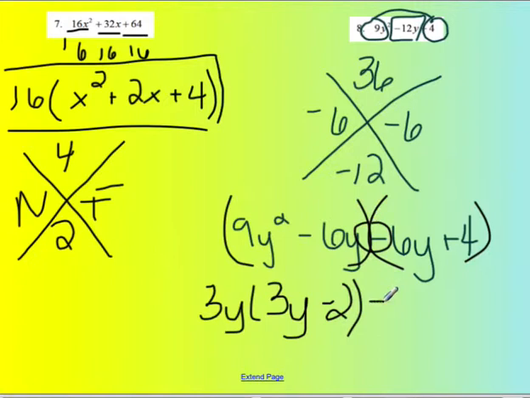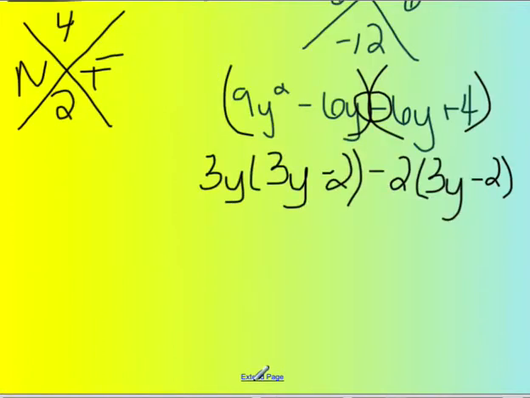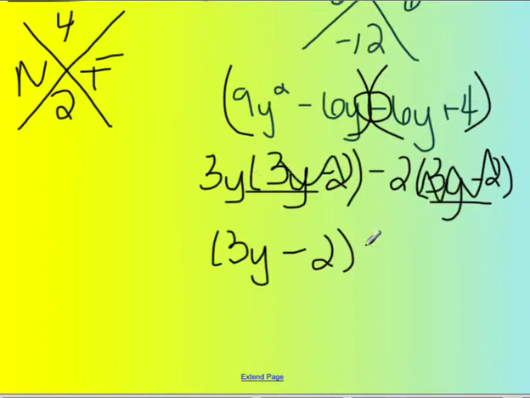Between 6 and 4, I can take out a 2, and then I'm left with 3y minus 2 because I ended up taking out a negative 2. So now I notice that my leftovers are matching here, so I'm going to factor those out. And once I've gotten those factored out, I'm going to write what's left after that, which is 3y minus 2.